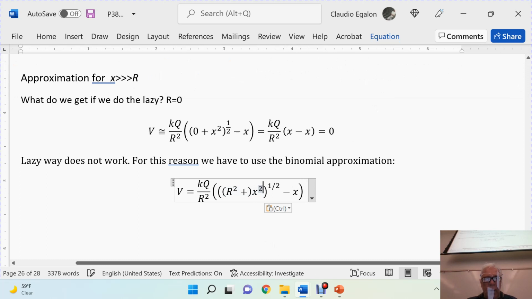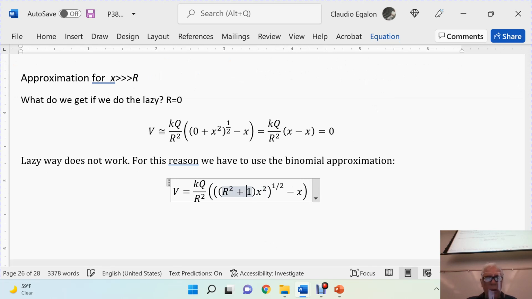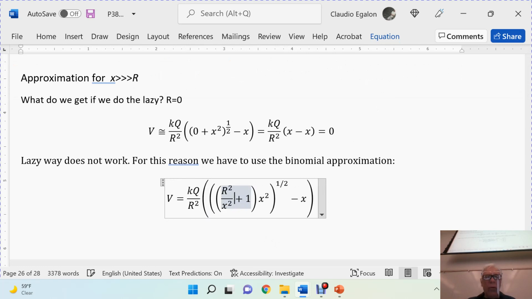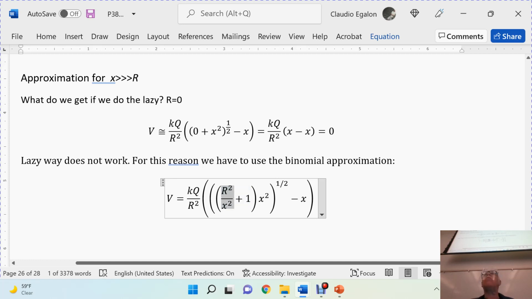Putting the x squared in evidence, we end up with a 1 inside, and also a ratio of r squared over x squared. This ratio is very small compared to 1.